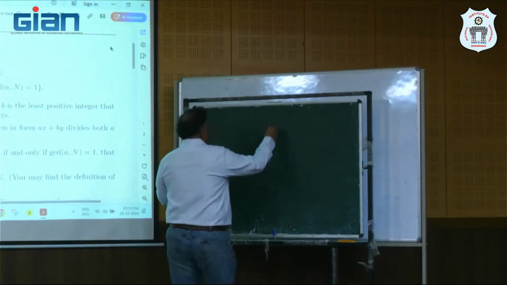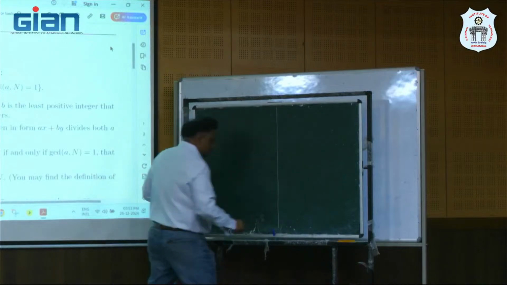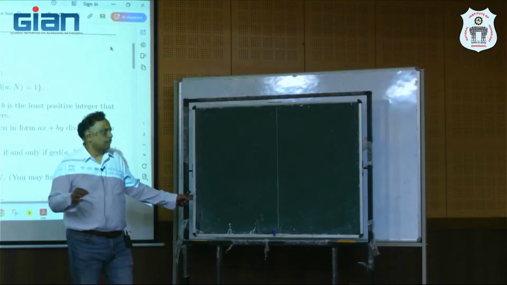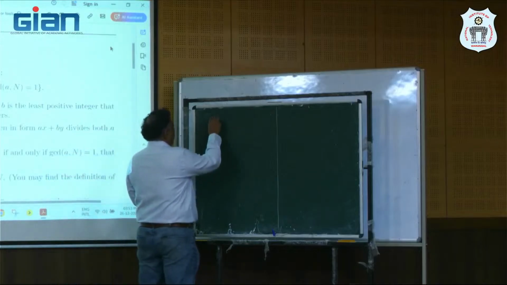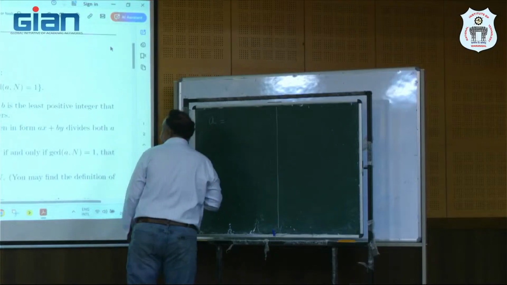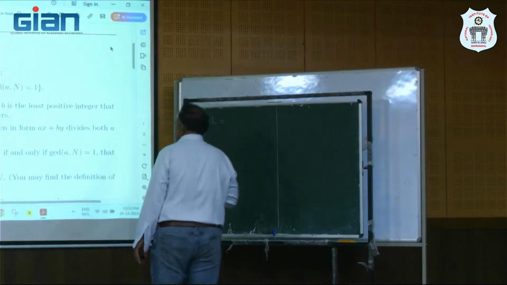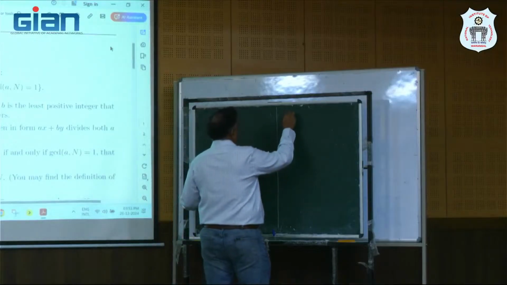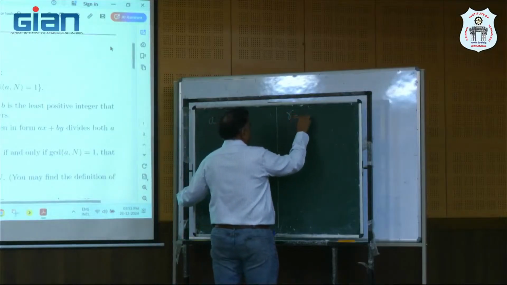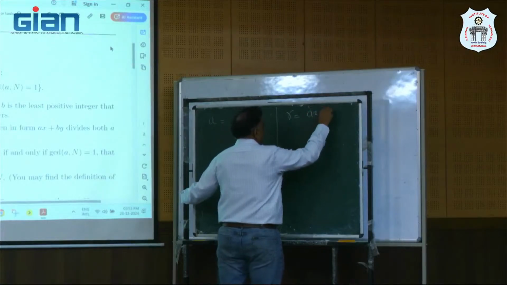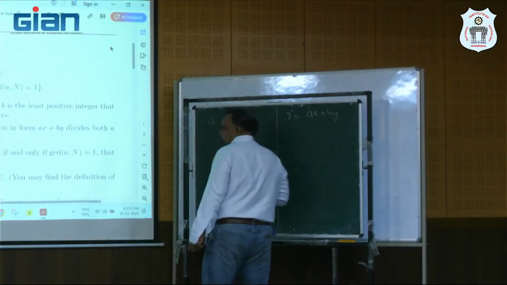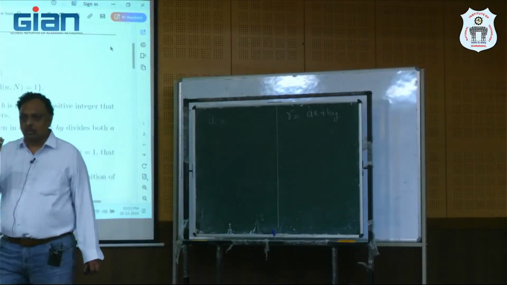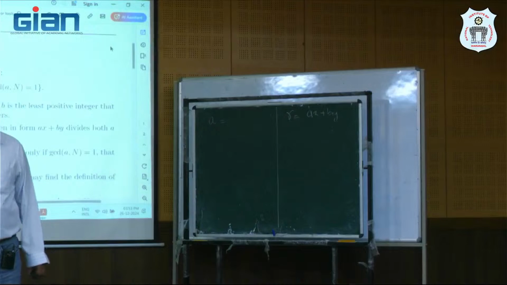Okay. So let us say that it does not divide. So that means what? Let us say your number R was the number ax plus by, correct, which could have been written in this form, and it was the smallest positive number.